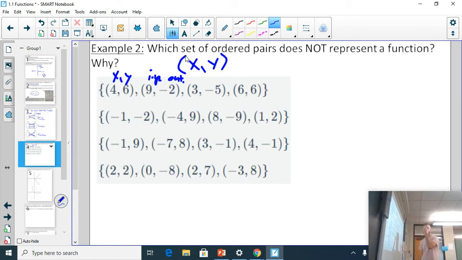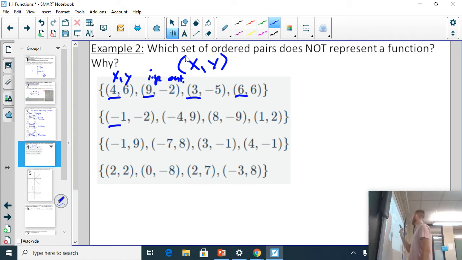So what I'm going to be looking for is if there are two inputs, so two values of X, that produce a different output Y. So we have 4 and 6, we have 9 and 2, 3 and 6. Well, we don't even have multiple of the same inputs, so we're good.